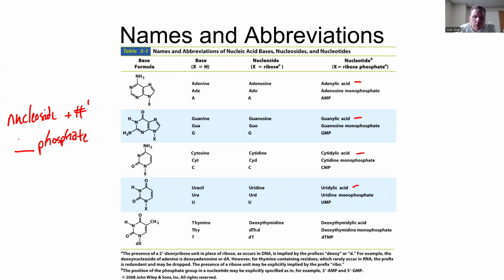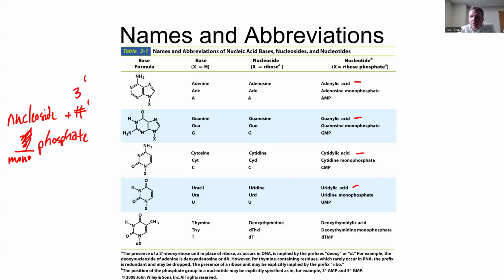You can say, well, it's at a 3 prime, or sorry, 3 prime monophosphate, 3 prime diphosphate, 2 prime triphosphate. Those are the important things that you will become accustomed to seeing.